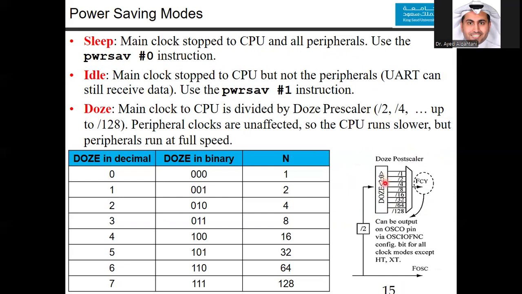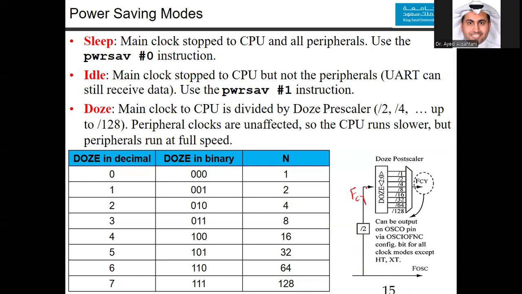So you have a doze post scalar that could be specified. The FOSC, if you divide it by 2, here you have FCY. So at this point, we have the normal FCY, which is derived from the FOSC.